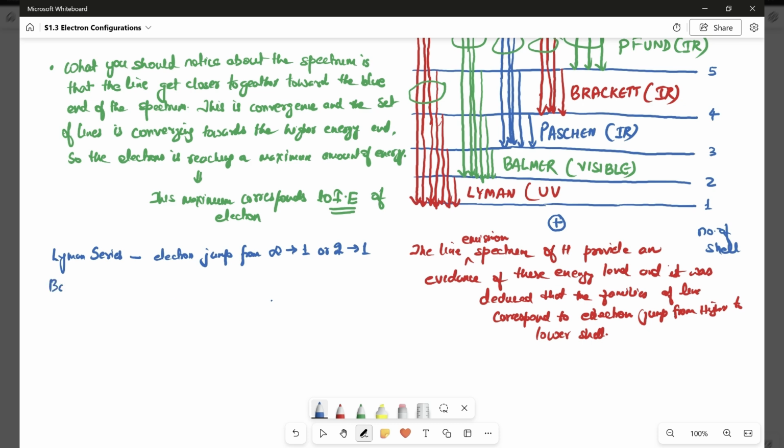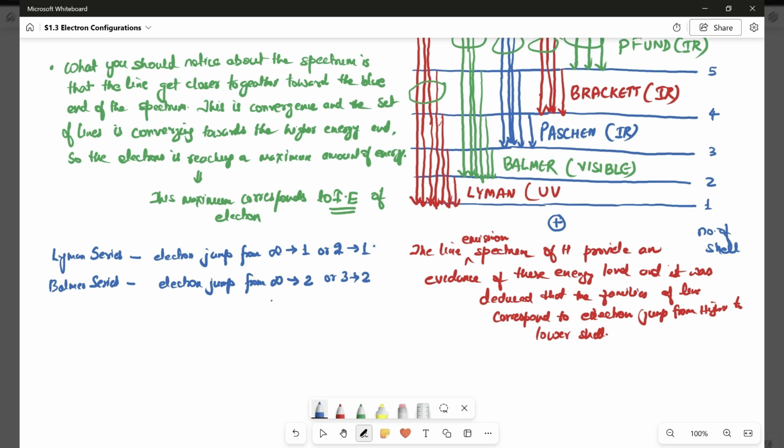Then the Balmer series: the electron jumps from infinity to 2, or you can say 3 to 2, right?